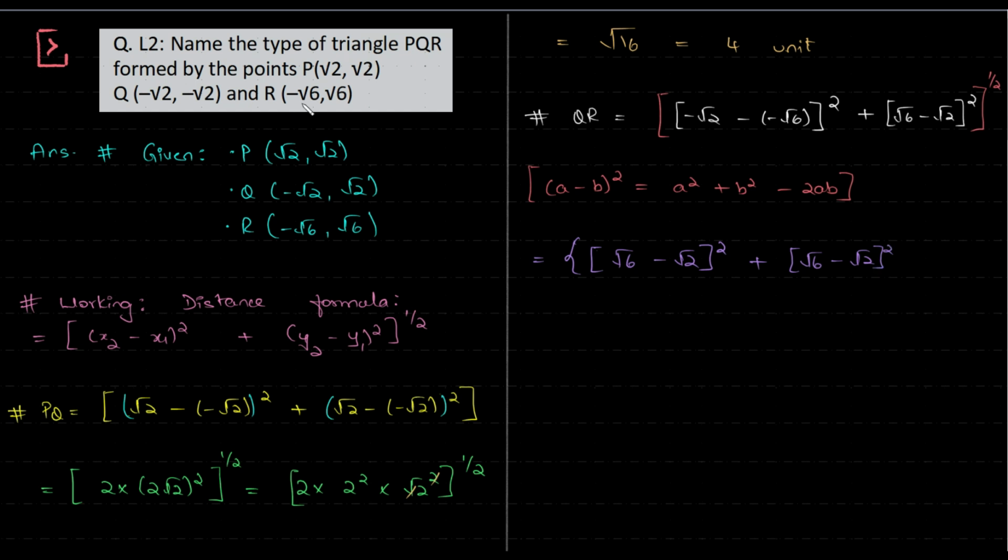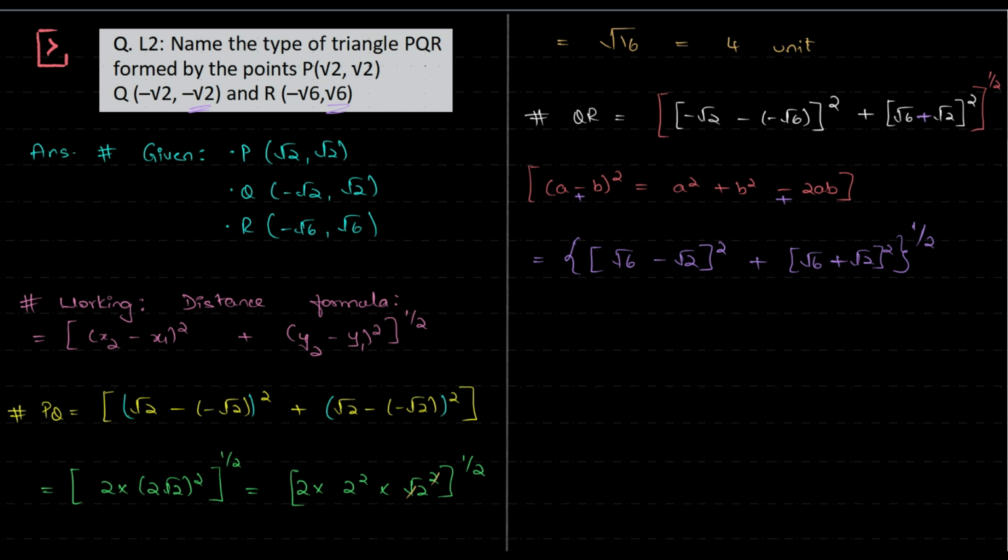How come it's the same thing? This would be plus actually, sorry, my bad. Root 6 minus of minus root 2, so that would be plus. So we need the plus formula also. In the same formula, we have both the formulas written and mathematically this is correct. So this is plus, to the power of half.